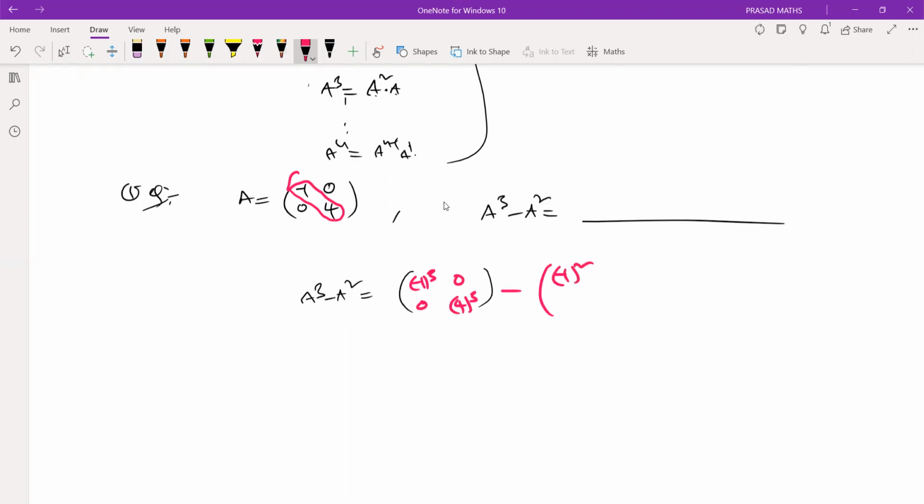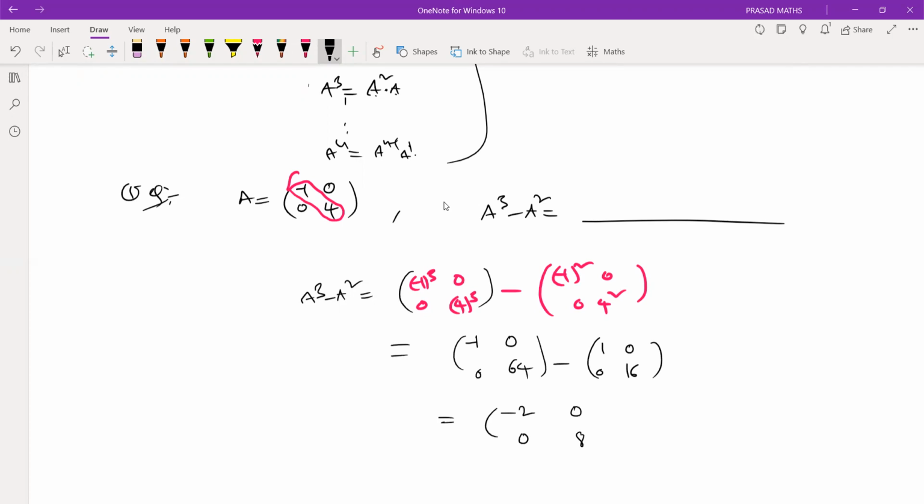So -1 cubed, 4 cubed, which is -1 and 64, minus -1 squared and 4 squared, which is 1 and 16. So the answer is -2, 0, 0, 48. It is also a diagonal matrix, because the product of diagonal matrices is diagonal, and the difference of diagonal matrices is always diagonal. So this answer is right.